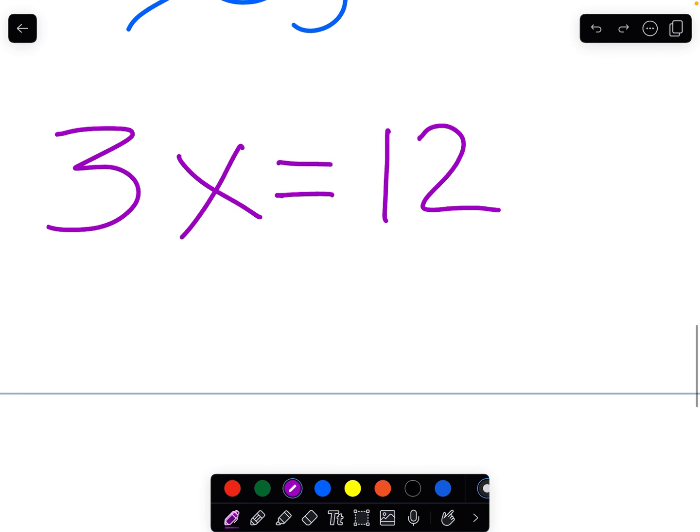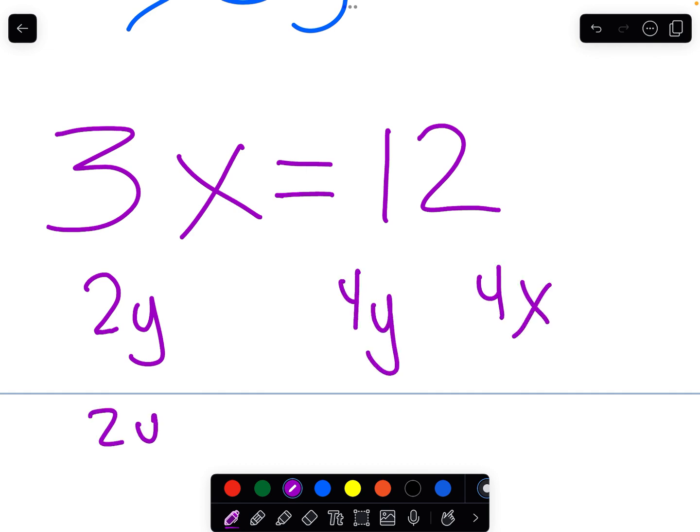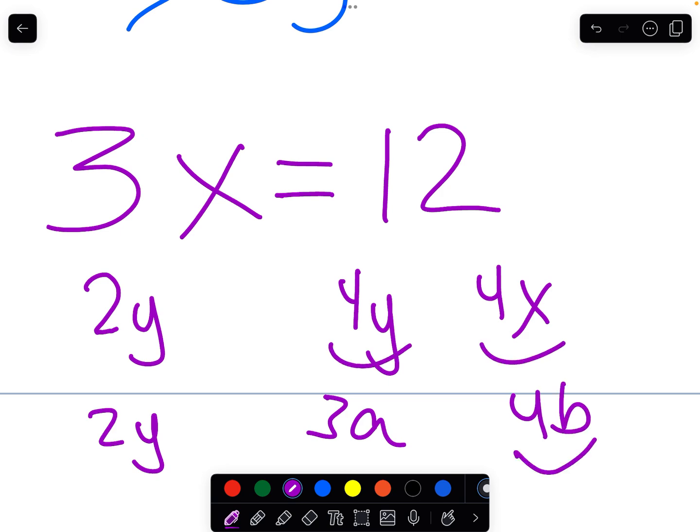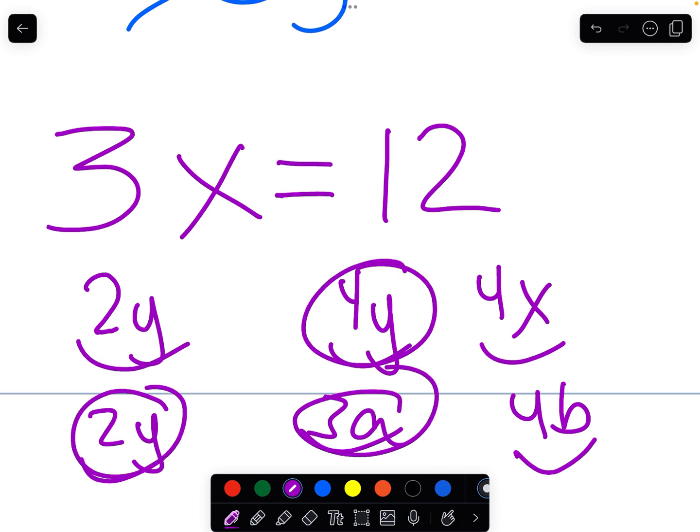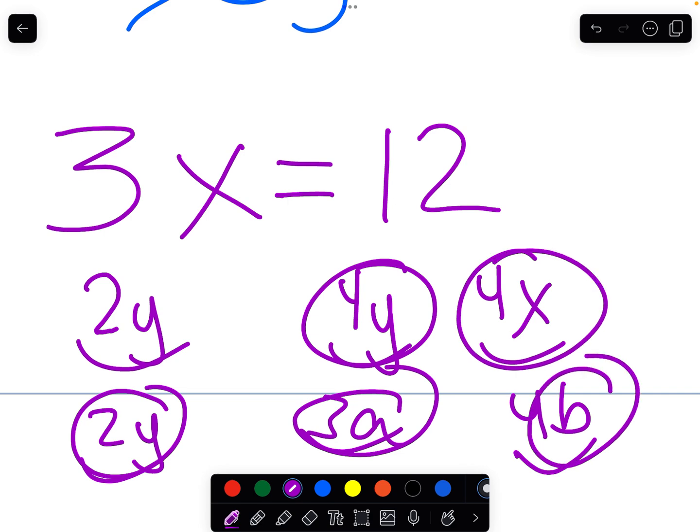And that is because in algebra, any number next to a letter, 2y, 4y, 4x, 3a, 4b, these all represent multiplication expressions. 2 times y, 4 times y, 4 times x, 3 times a, and 4 times b.